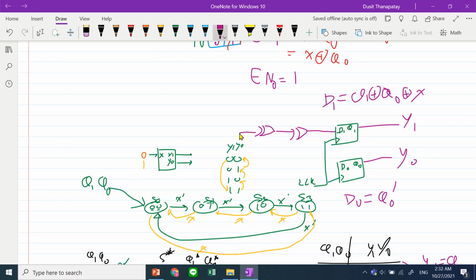Maybe this is X, Q1, and maybe Q0 right here, XOR for excitation signal D1. And for this it is Q0 prime, Q0 inverted.